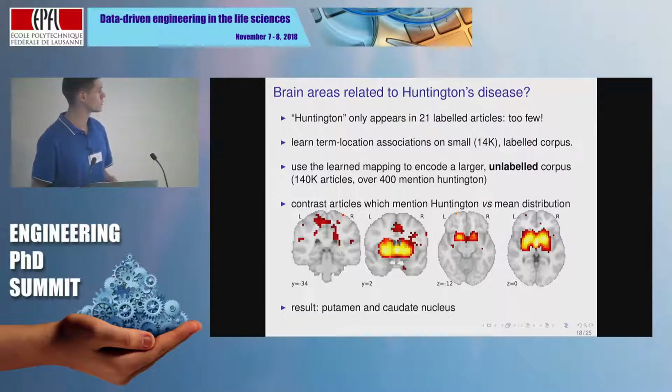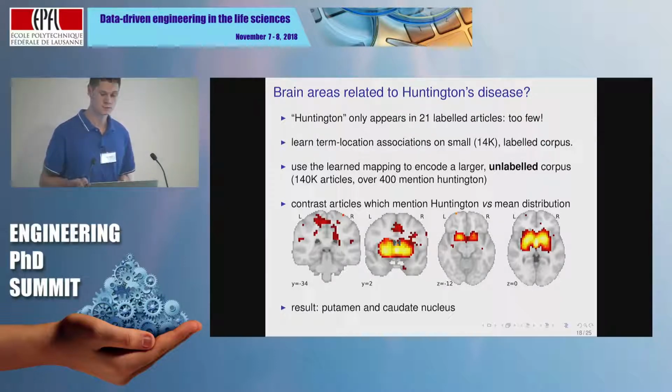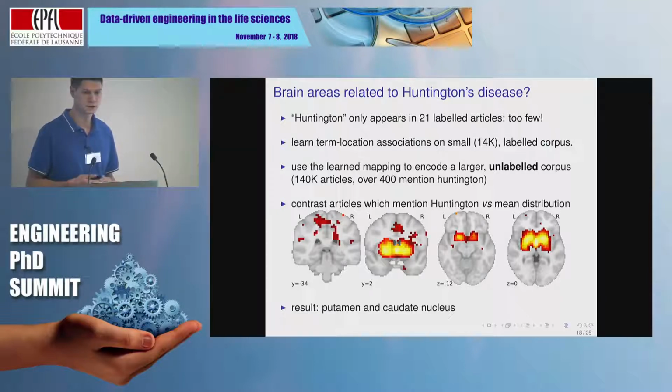But what we do have is a model that we have trained that maps text onto brain regions. And unlabeled text, for which we don't have images or activation coordinates, is available in much larger quantities than labeled text. So we can download 100,000 articles.